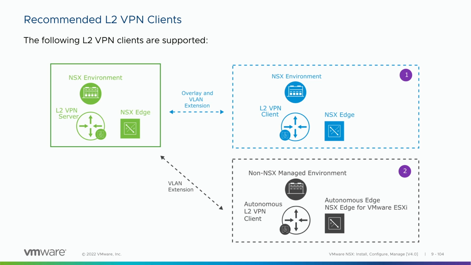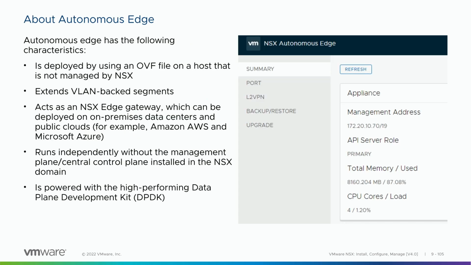The autonomous edge is simply an edge transport node that has been decoupled from the NSX management plane so that we can configure it in kind of a standalone fashion, right? We can configure it just as that layer 2 VPN client. So we've got those two choices for our layer 2 VPN, either an NSX managed location for our client or an autonomous edge for our client.